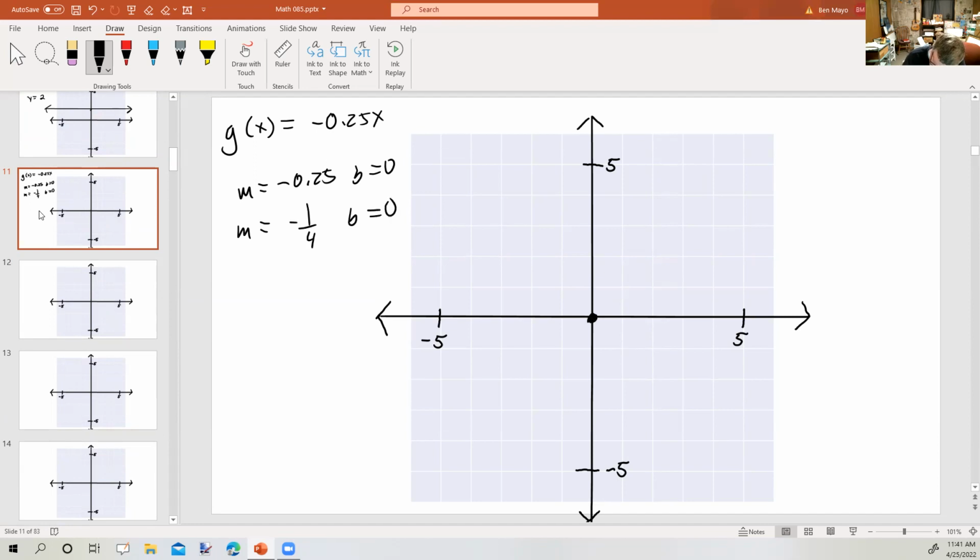So it goes through the origin, down 1 and over 4. So there's the graph of g of x equals negative 0.25x. All righty, again, any questions about that?